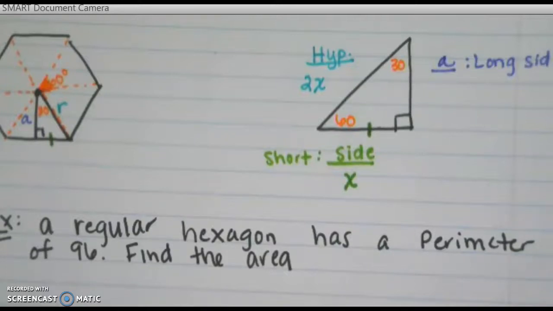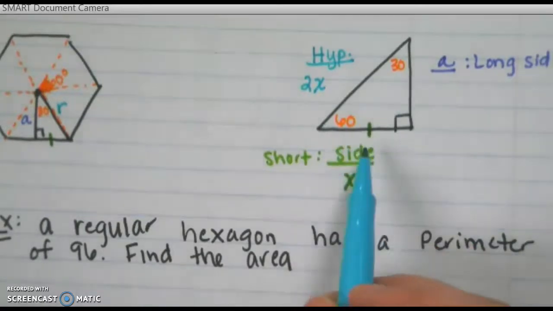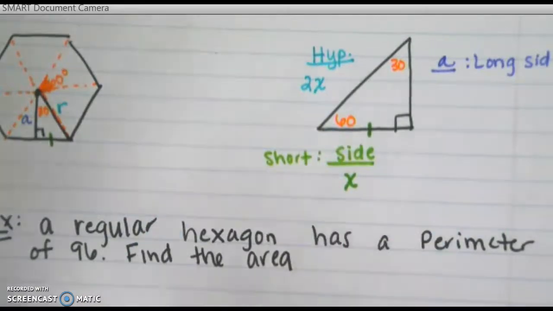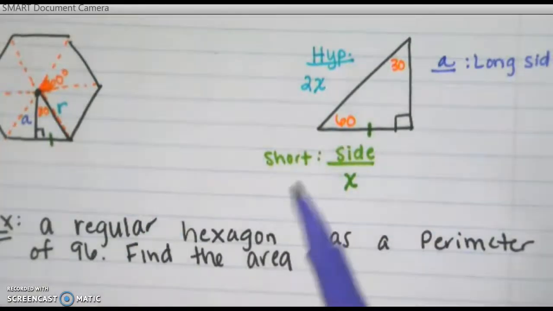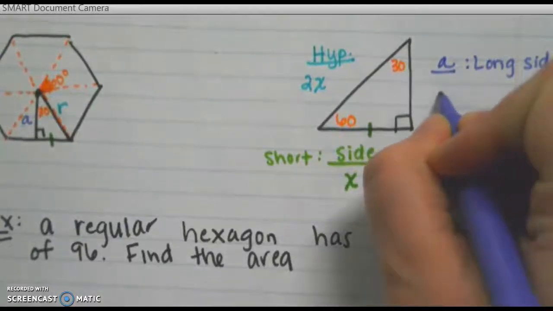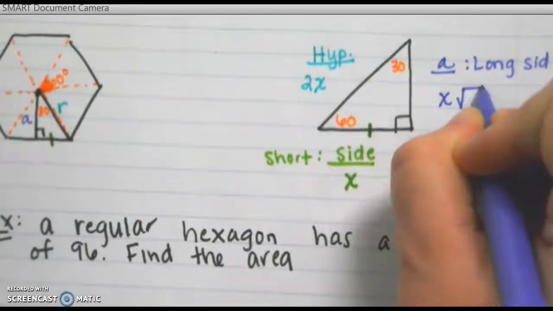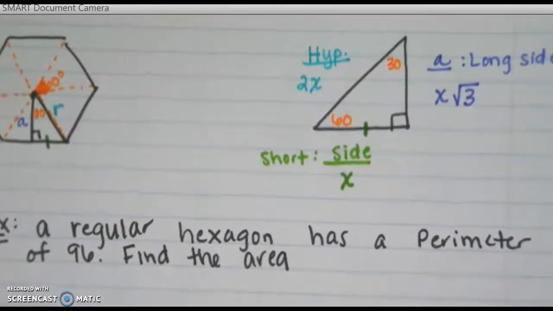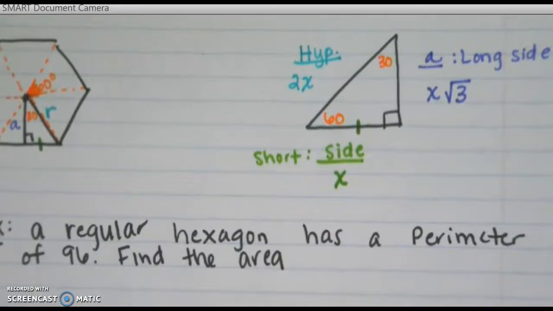But you do have to remember that in a 30, 60, 90 triangle, the short side multiplied by 2 always equals the hypotenuse. But no matter which way you do Pythagorean theorem, the long side is going to end up being your short side times the square root of 3. So those ratios exist for every single 30, 60, 90 triangle. So you should write that down. If you have a hexagon, you're going to need that.